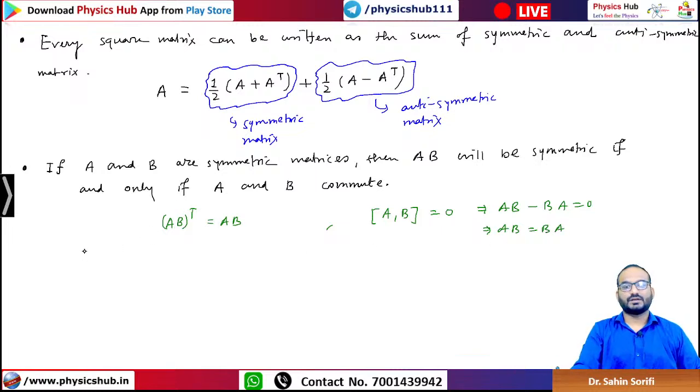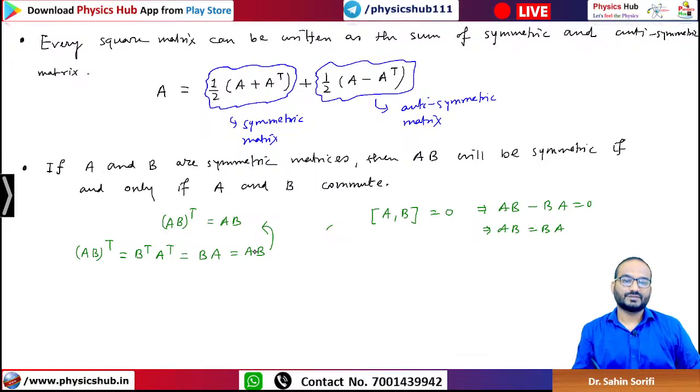Now let's see how this holds. AB transpose, I have already told you, is operated from the right: this is B transpose, A transpose. Now if A and B are symmetric matrices, B transpose will be B and A transpose will be A. Now if A and B commute, AB is equal to BA, so BA is equal to AB. Hence proved. You see, this is a proof actually.